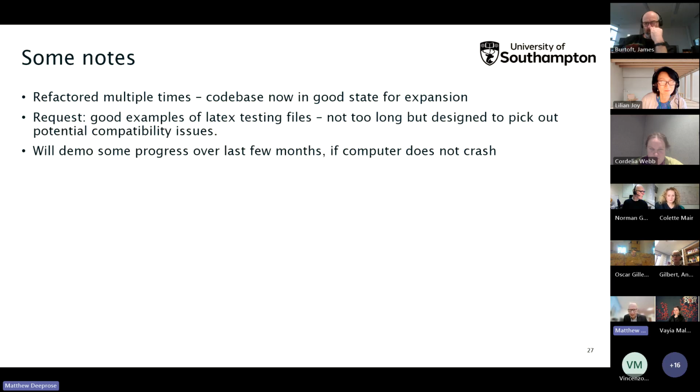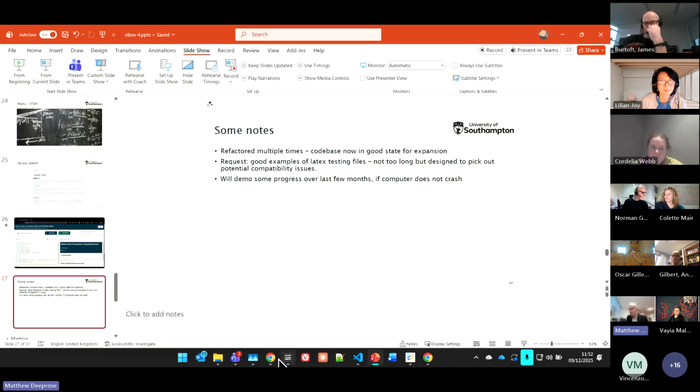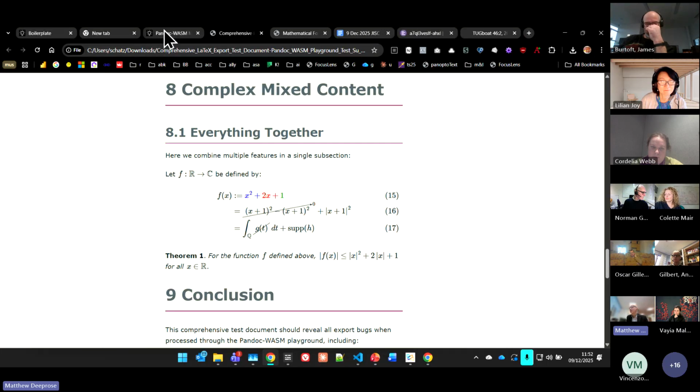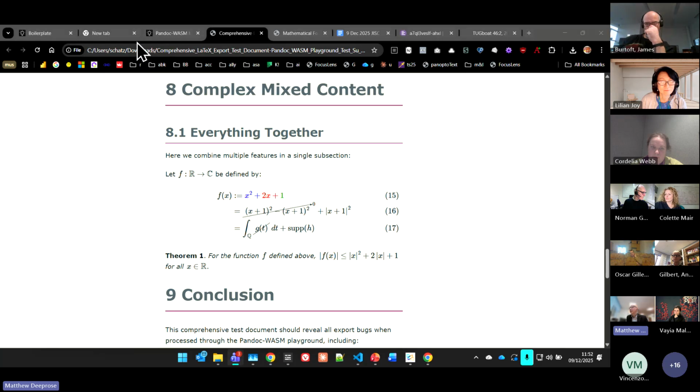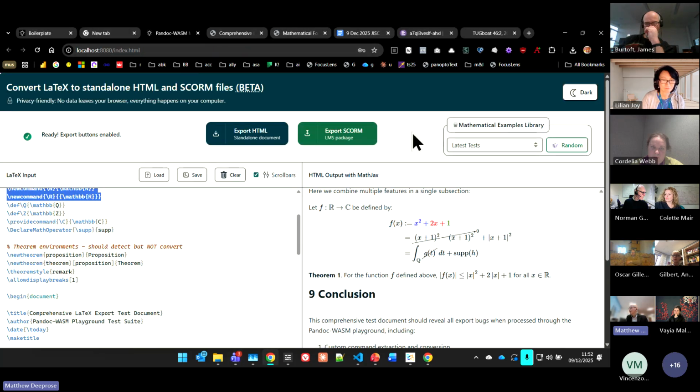I've refactored this maybe 6 times now, but I'm really getting it more modular and compartmentalized, so it's easier to support and sustain. What I'm really interested in is if anyone can give me some good examples of LaTeX to test with.